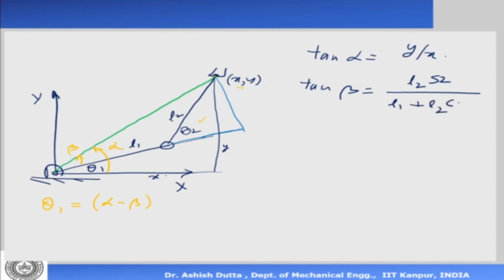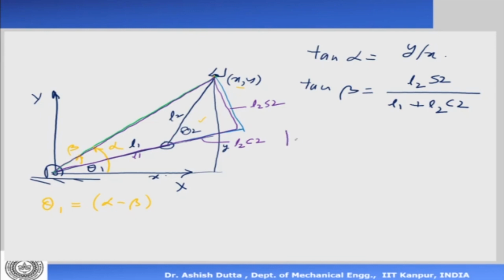Let me draw this triangle in some other color. I hope you understand this. This part is equal to L2 cos theta 2, and this part is equal to L2 sin theta 2. And this is my L1. Now we have got alpha and we have got beta.